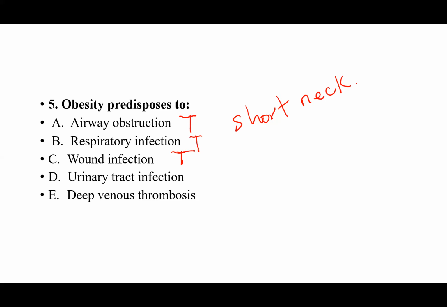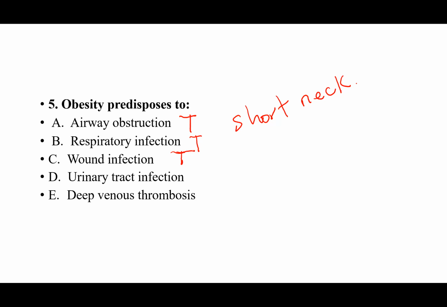They are poorly perfused, so oxygen will not get to the wound. Also they have immunosuppression. They are prone to type 2 diabetes mellitus, which further worsens immunosuppression. But basically you should know that the fat layer impairs adequate perfusion and impairs wound healing.